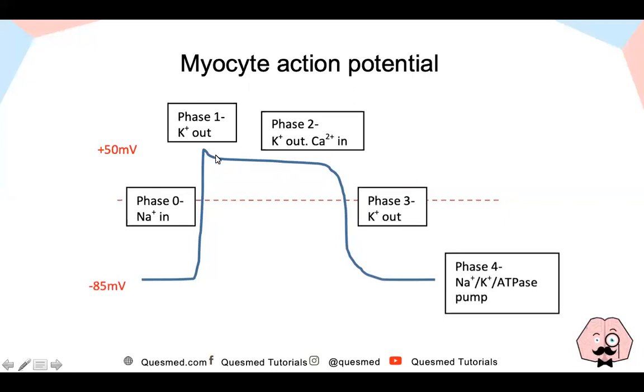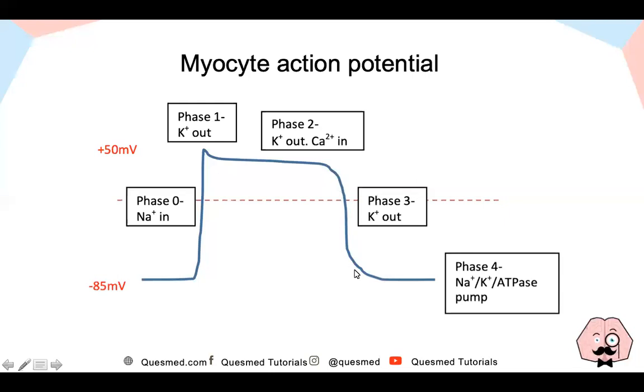And this is what stops the heart from being able to have tetany, which is where we have sustained muscle contraction. We can't have another action potential because of this plateau phase, and that's what protects our heart from having that.